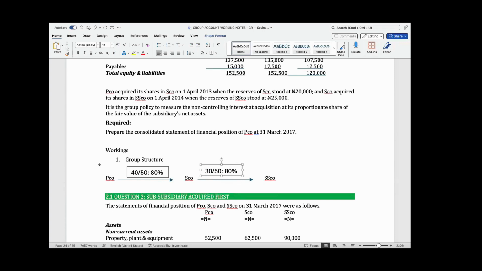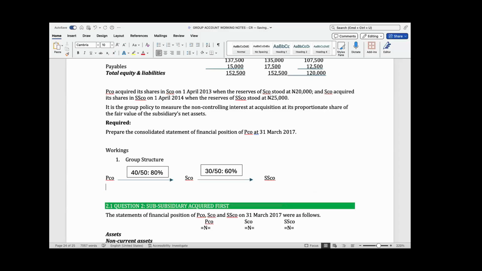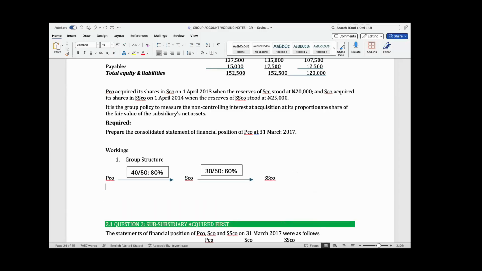What does that give us? 60%. He has 60% in SSCO. Now, having identified this group structure, for me to prepare consolidated financial statements in Pico, I would identify my holding in ESCO, which is very clear. And the parent also needs to identify his holding in SSCO.